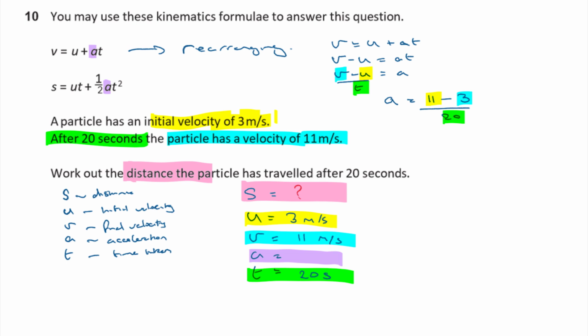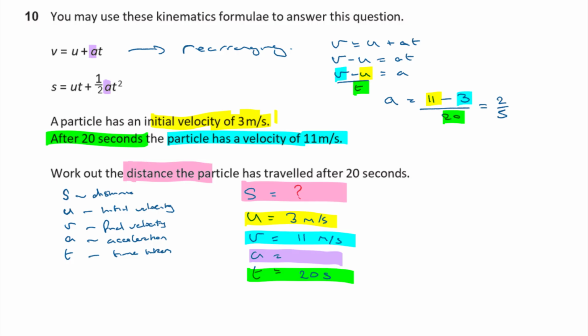Okay, so 11 minus 3 over 20. 11 minus 3 is 8, divided by 20, and that's 2/5. I think I'm just going to leave it as 2/5 for now. I like fractions. Fractions are your friends. Decimals are demons. So there we go, 2/5.